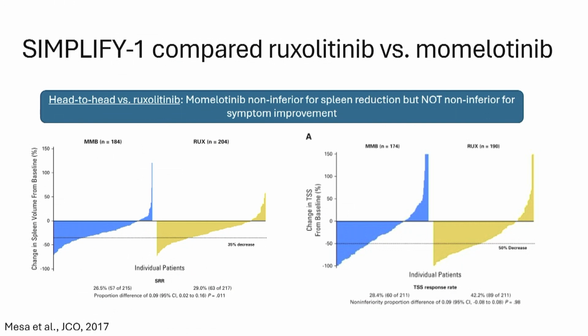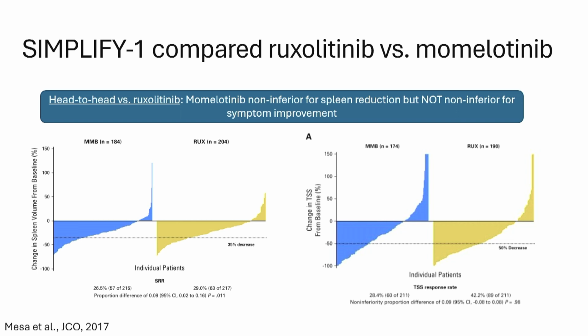All right, so let's look at the one study that compared two JAK inhibitors head-to-head. This was the Simplify-1 study that compared treatment-naive patients with myelofibrosis, comparing ruxolitinib versus momelotinib. Now, this was not an anemic population. This was actually a largely non-anemic population. It was really just pretty much all comers, as long as they had splenomegaly and symptoms.